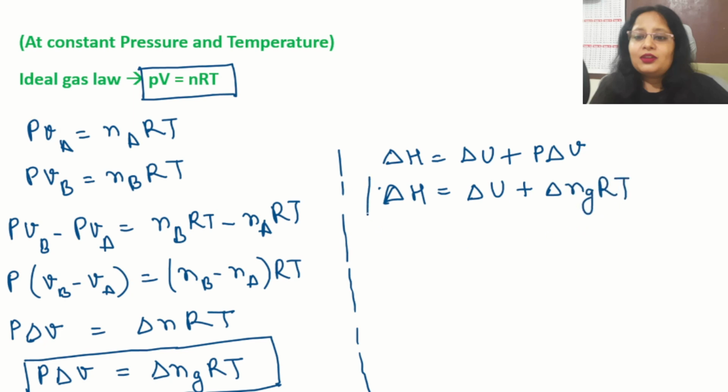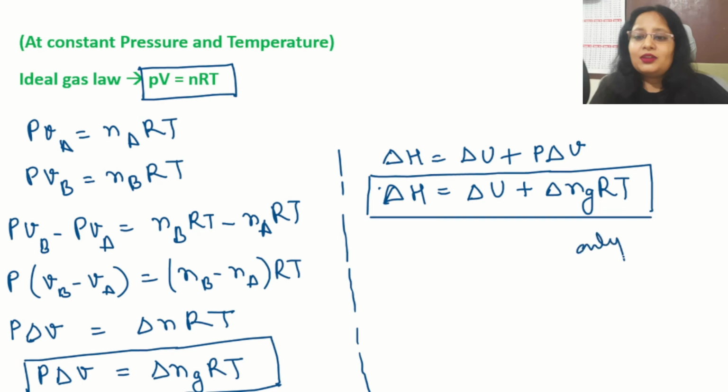And now we have a new formula which will be applied only for gases. So friends, in this way we understand what enthalpy is, and for gases its formula is different. For solids and liquids, it's almost equal to the change in internal energy.